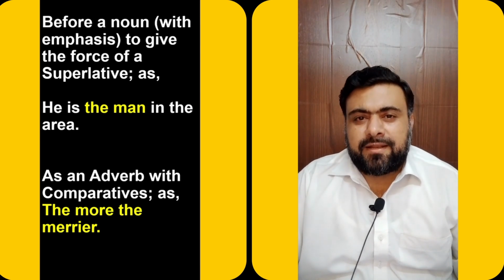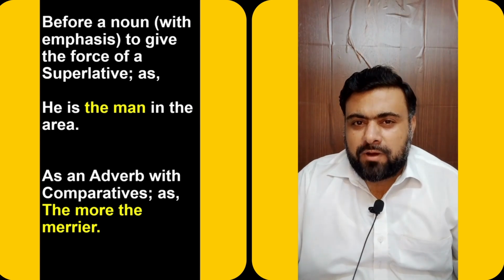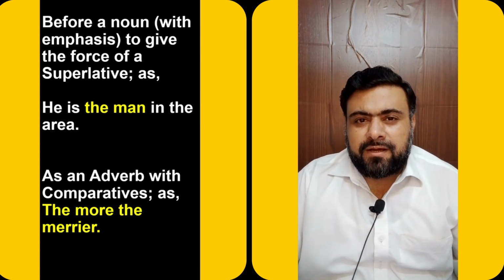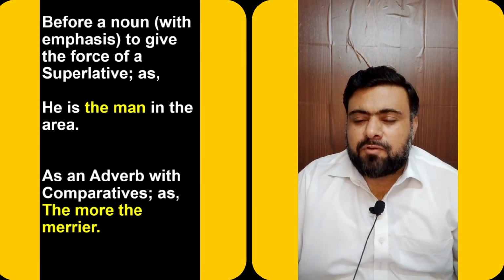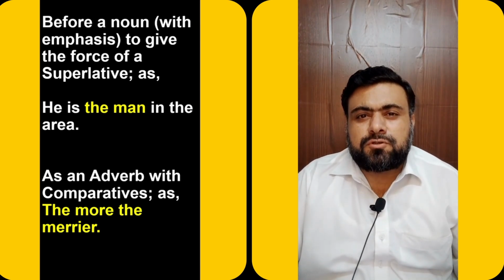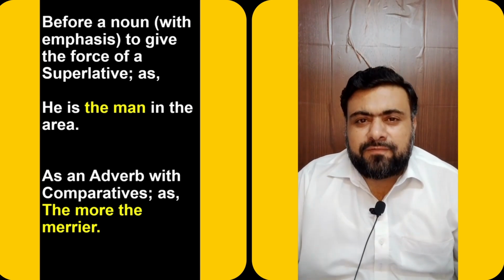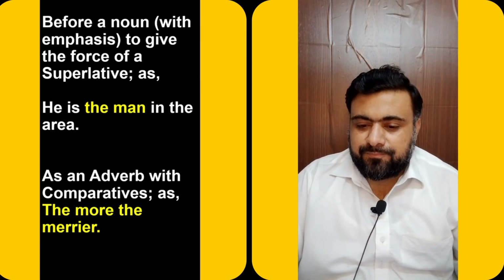More is an adjective, the comparative degree of an adjective, and the is qualifying this. And merrier is also a comparative degree of an adjective, and the definite article the is qualifying this. So in this sentence, the has been used with comparative degrees of adjectives as adverbs.